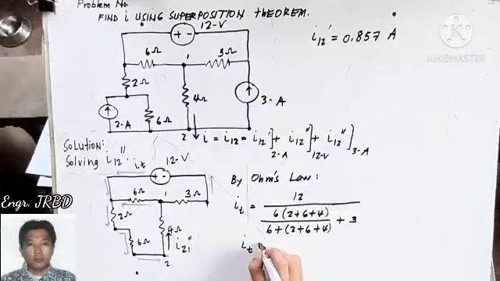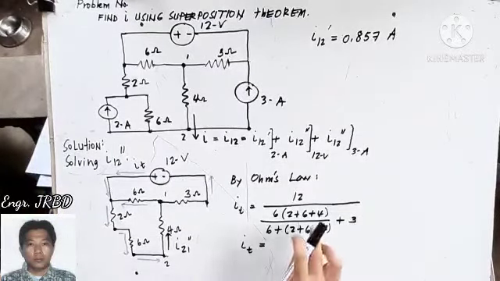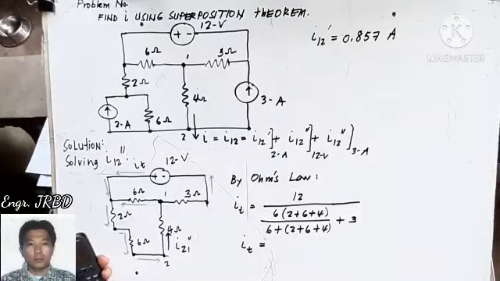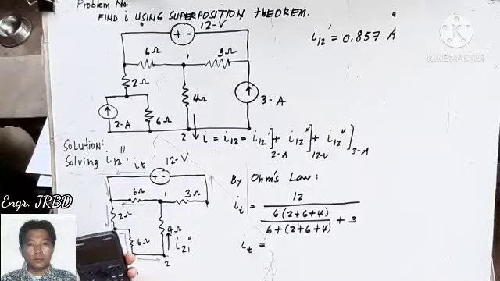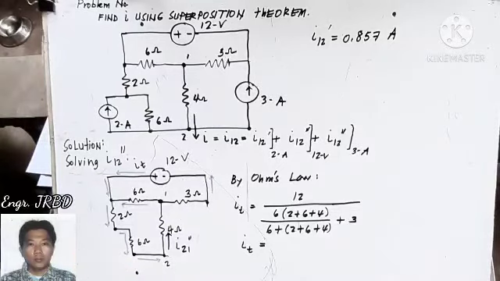Total current is, okay, if you will try to solve, that is 12 divided by 6 times 12 divided by 6 plus 12 plus 3, that is 1.714 amperes.